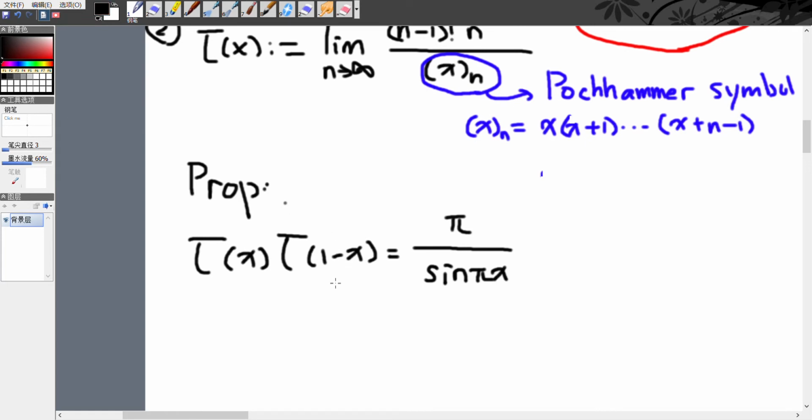So how do we prove our reflection rule? This is called the reflection rule of the gamma function.